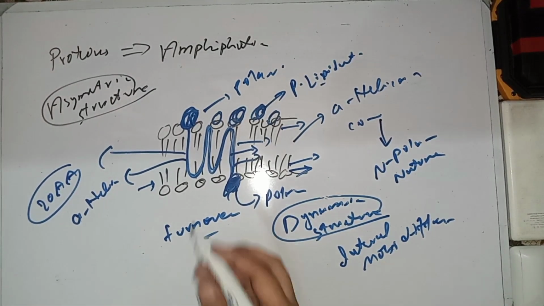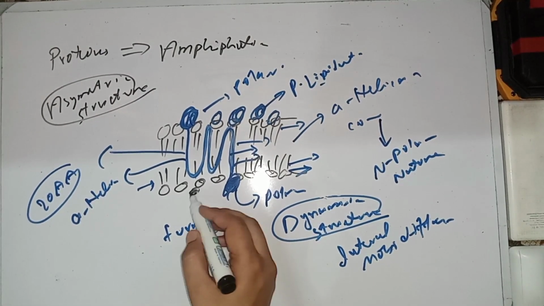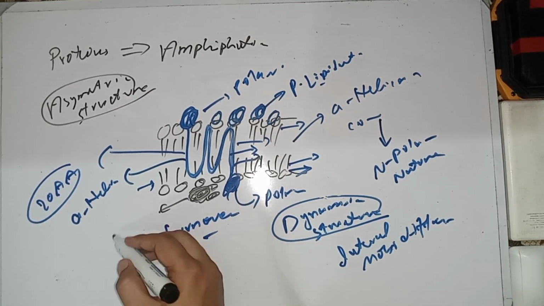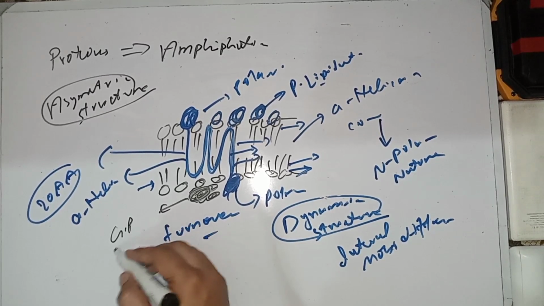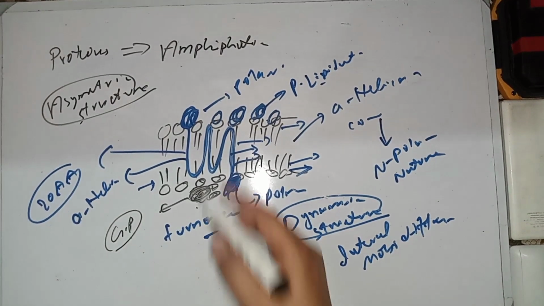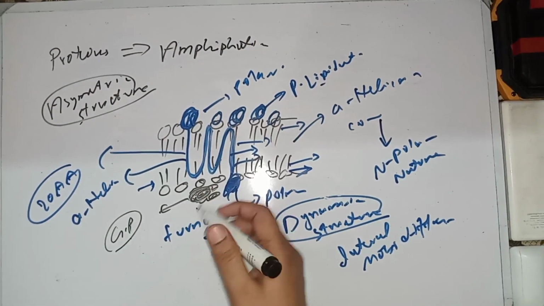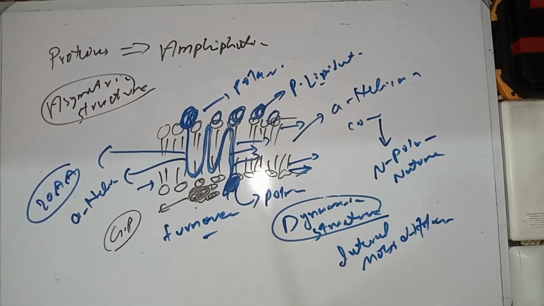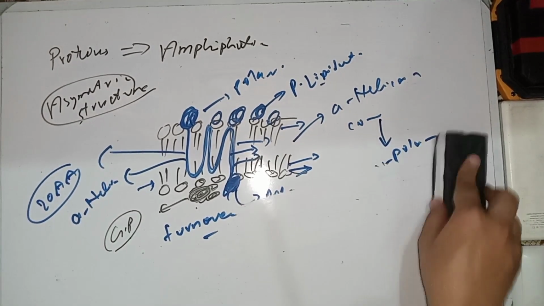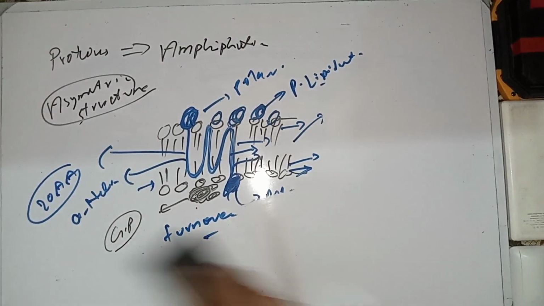For example, we know that membrane proteins include G proteins which interact with G protein coupled receptors. These G proteins are not found on the outer aspect. Similarly, the outer aspect will have certain proteins which are not found on the inner aspect. So membrane proteins are asymmetric structures. Their structure on the inside and outside does not match.